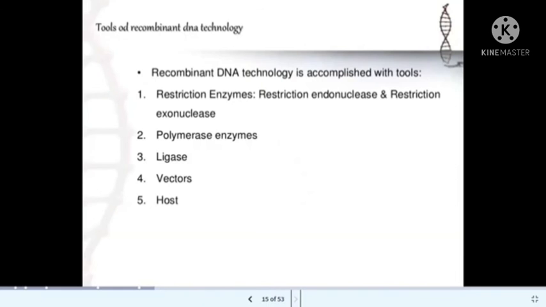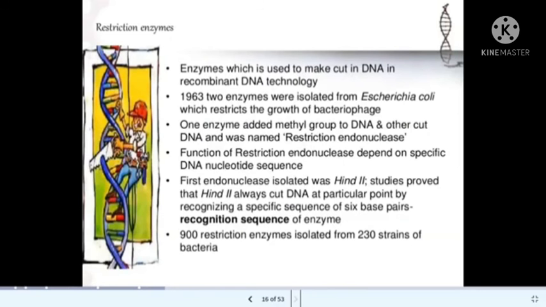We said recombinant DNA technology is done with the help of the tools restriction endonuclease and restriction exonuclease. Then there is the polymerase enzyme, then ligases, vectors, and host. The enzyme that is used to cut the DNA is called the endonuclease, and that is the first step in recombinant DNA technology.